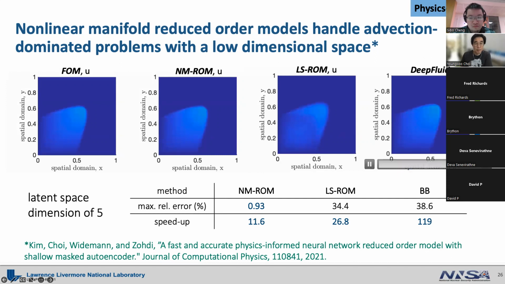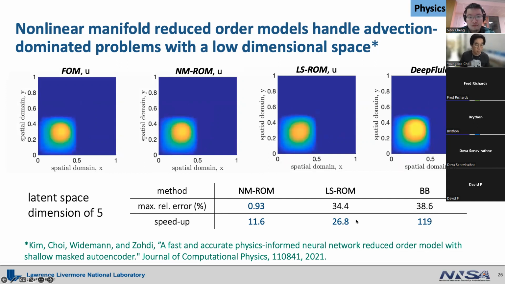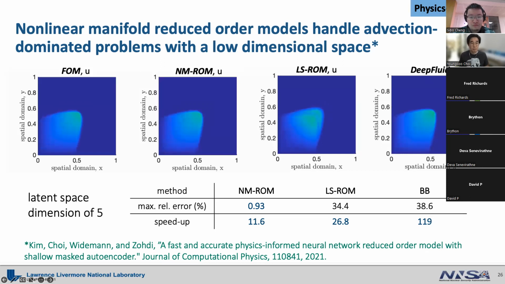Even the black box approach exhibits some high relative error, which is 38.6%. For scientific applications, this is not good enough. So definitely, introducing neural networks in your physics-constrained data-driven method is definitely helpful.